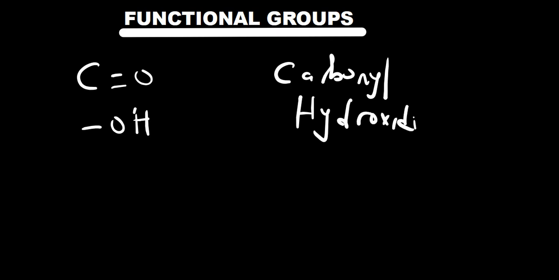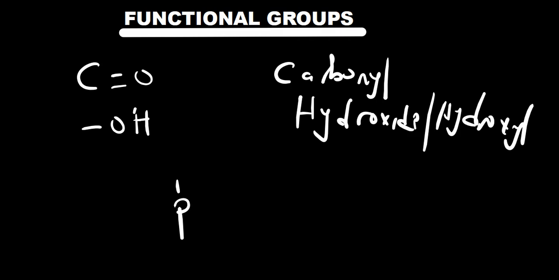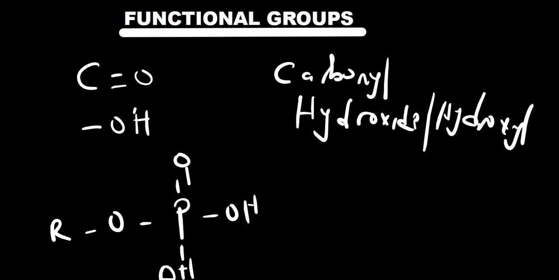You remember this when you're doing acids and bases, or you can also call it a hydroxyl group. Now there's also another one where you have phosphorus double bonded to oxygen. This side there's an OH. This side you have O and you have R. Then this side you've got another OH. Now this functional group is called a phosphate.